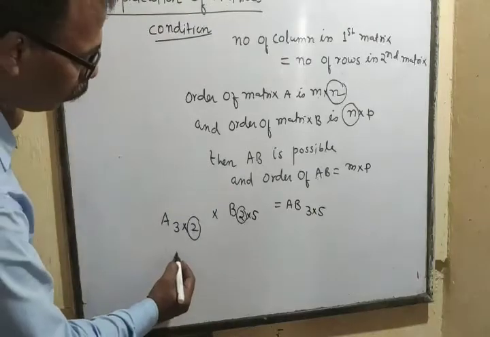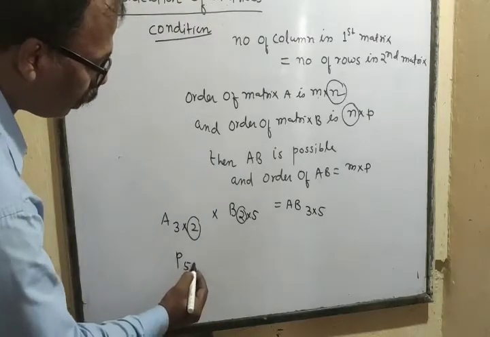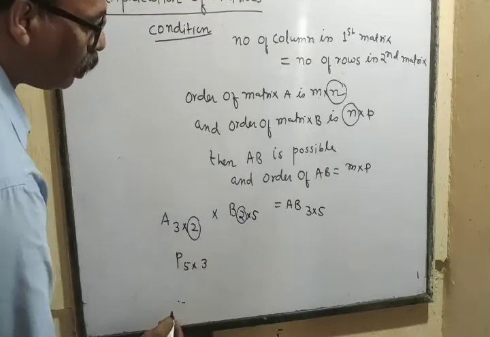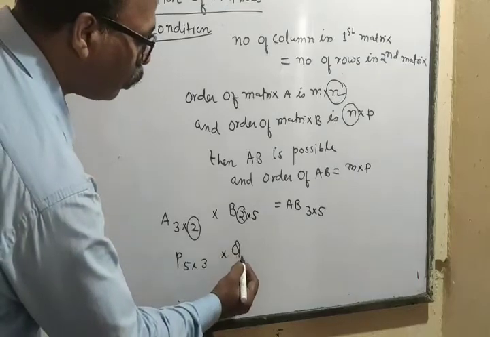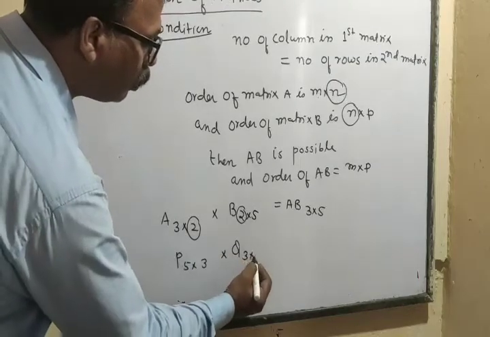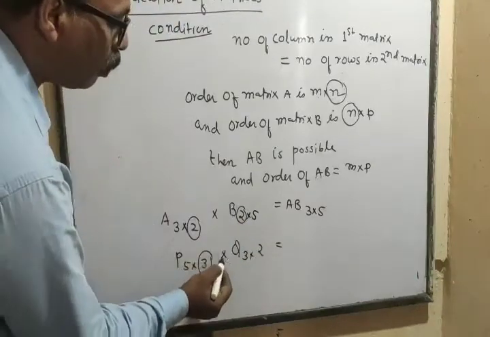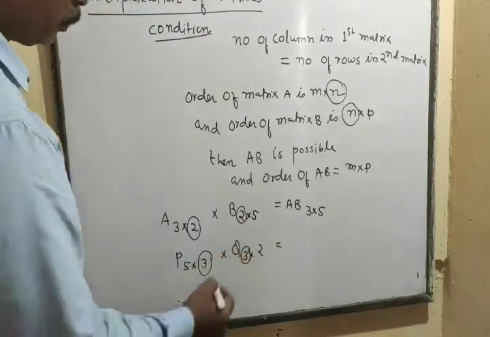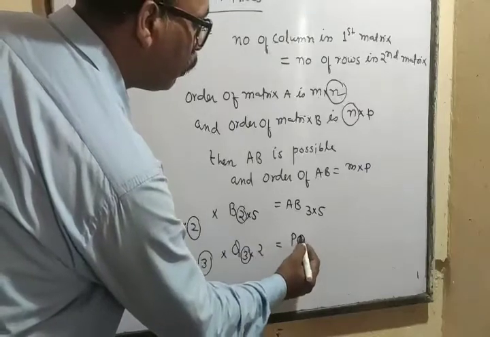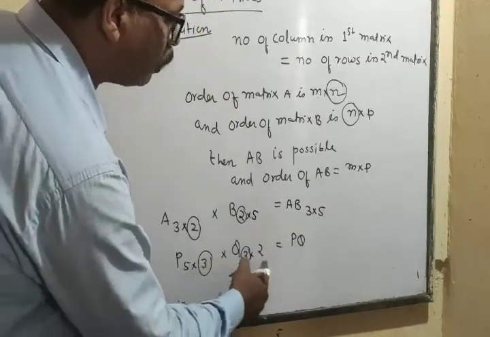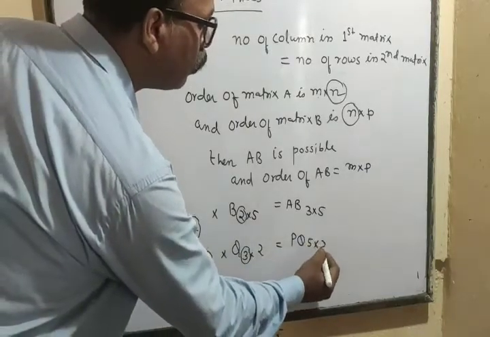Similarly, if P of order 5 into 3 is multiplied to Q of order 3 into 2, see again, the number of columns is equal to the number of rows, so the order of PQ will be 5 into 2.